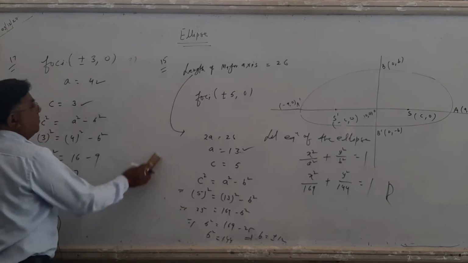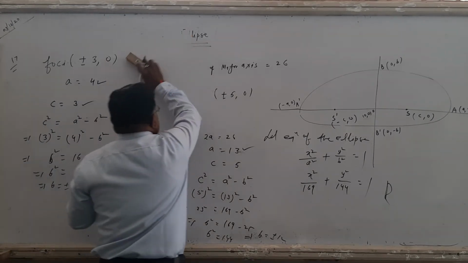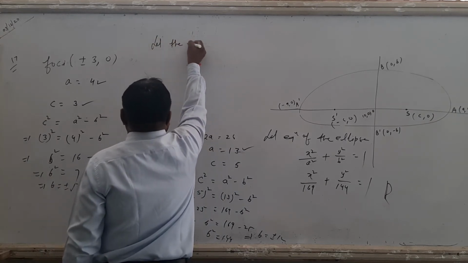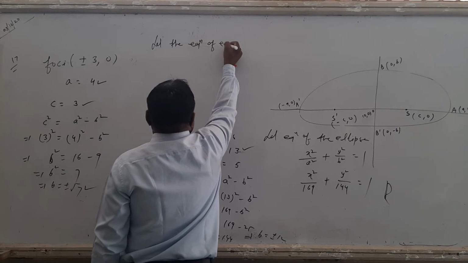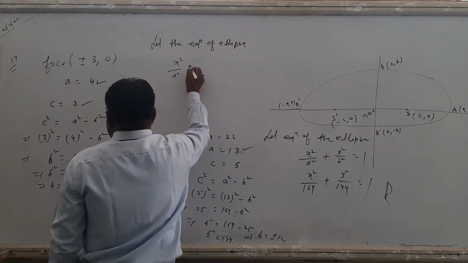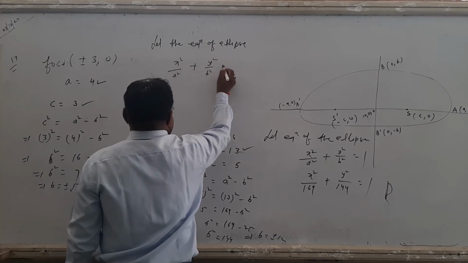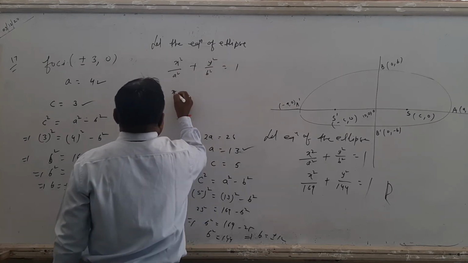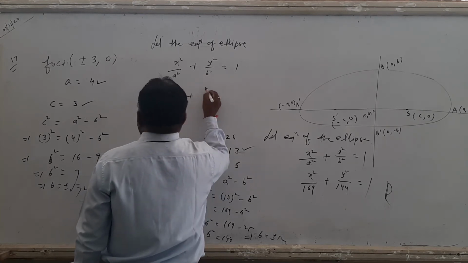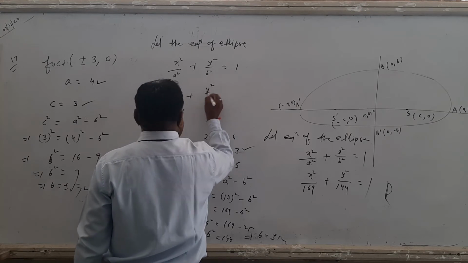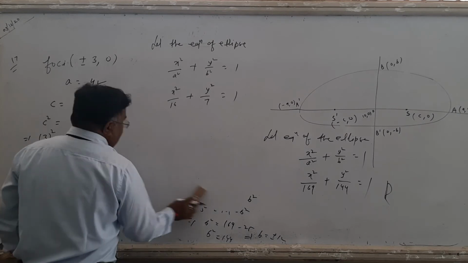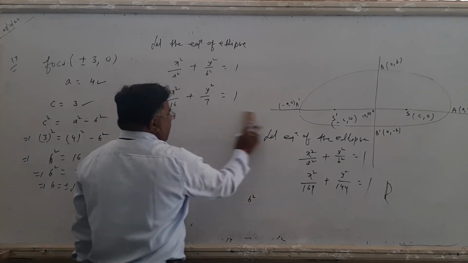So let the equation of the ellipse be x square upon a square plus y square upon b square equals 1, where a is 4 and square of 4 is 16, right, and b square is 7, equals 1, right. Same for question number 18.